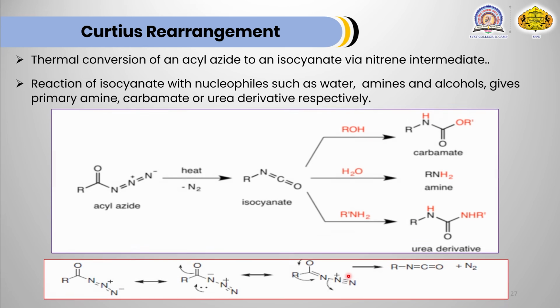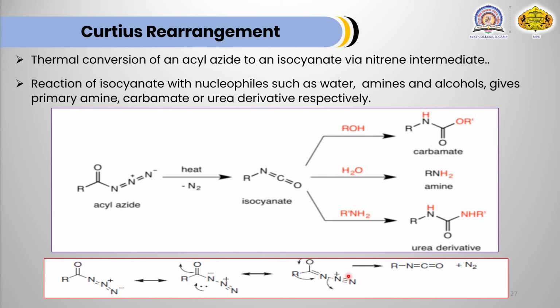derivative respectively. In this case, RCON3 is the acyl azide. When it is heated, there is loss of nitrogen gas and formation of isocyanate, and this is the intermediate which is obtained during Curtius rearrangement.